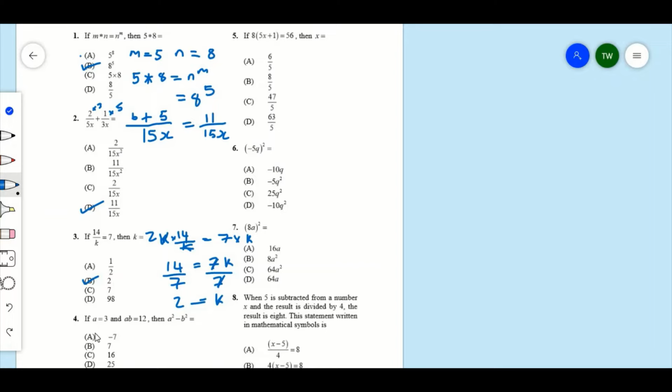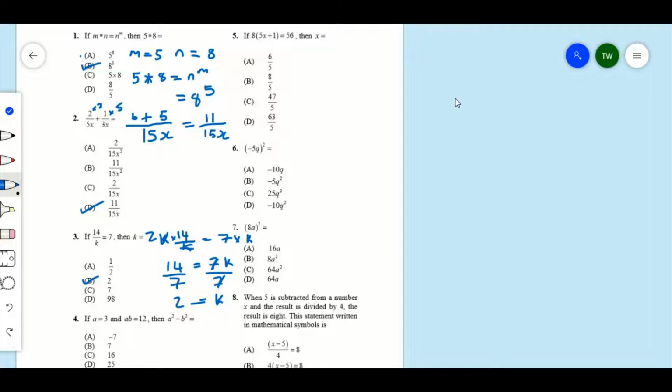Now to number 4. If a is equal to 3 and ab is equal to 12, then a squared minus b squared is, before we can find a squared minus b squared, we need to determine the value of b.